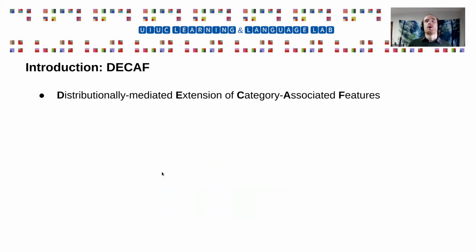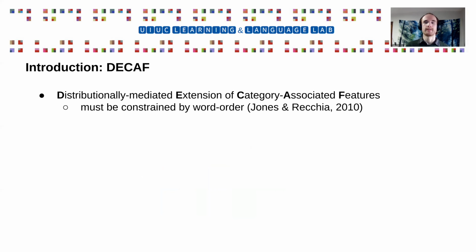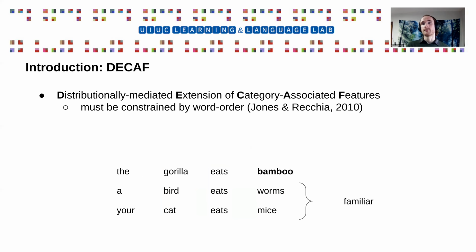Now, what else do we know about this procedure? You can't just extend features from any word to any other word. This type of extension must be constrained by word order, as others have shown before. Let's illustrate this idea.